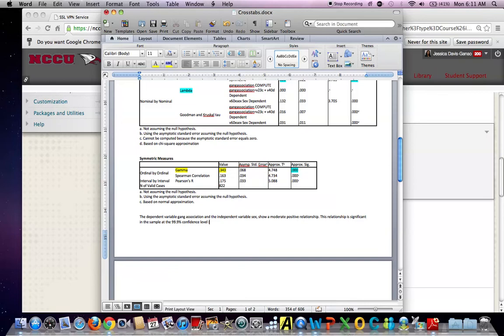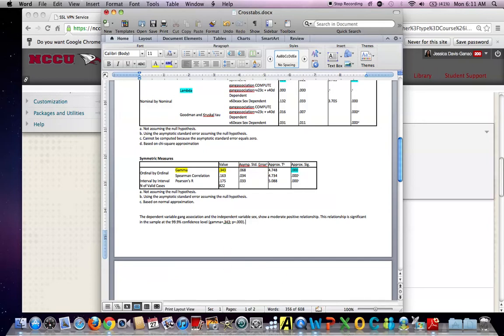And in parentheses write gamma is equal to 0.343, semicolon, p is equal to 0.000.